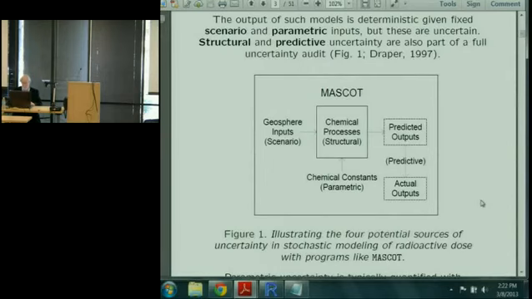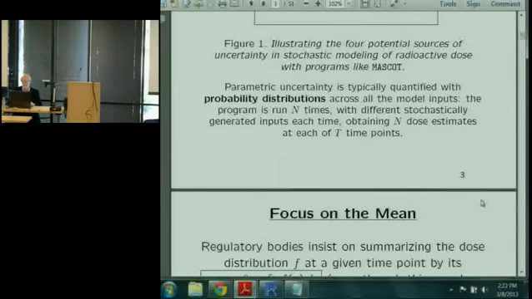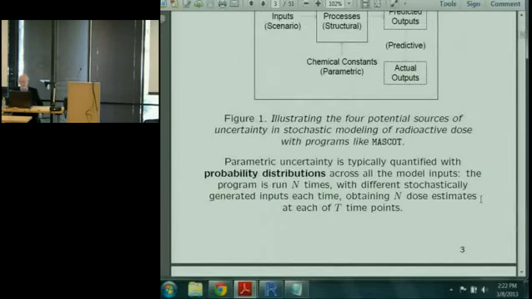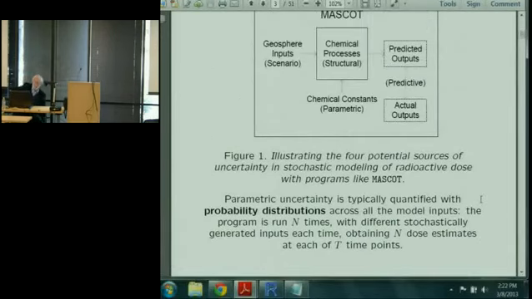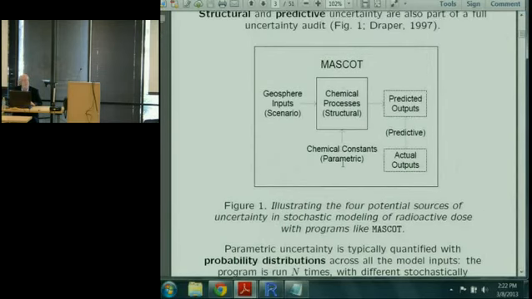All right, so what people tend to do to quantify parametric uncertainty is they make draws from probability distributions across different plausible inputs for the parameters. And every time you run the PDE with a different set of random parametric inputs, you get out a random set of outputs.